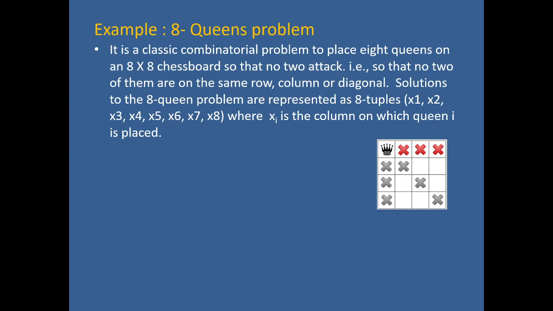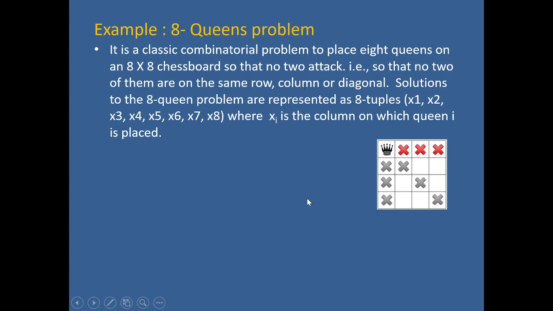Attack means, if I place one queen here, no two queens should be in the same row, no two queens should be in the same column, and no two queens should be placed in the same diagonal. No two of them are in the same row, column or diagonal.